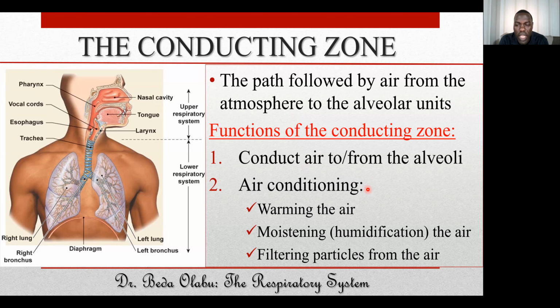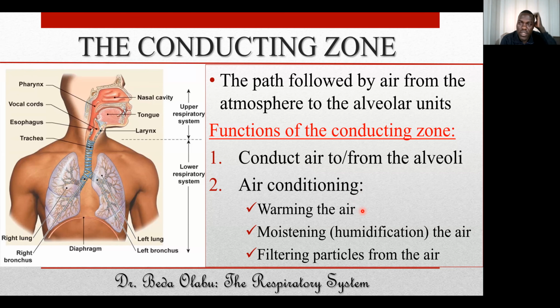By definition, air conditioning refers to the modifications that air undergoes as it moves along the conducting zone. There are three types of modifications that air undergoes. The air that we breathe in can sometimes be cold, and so that air needs to be warmed.